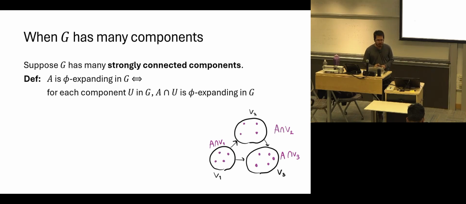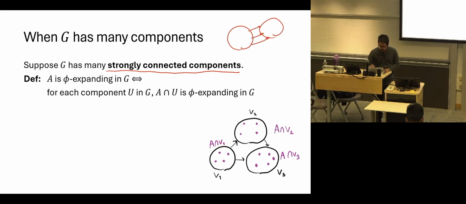And I'm going to use this convention again: when a graph has more than one strongly connected component, it means there are cuts that are zero sparse.